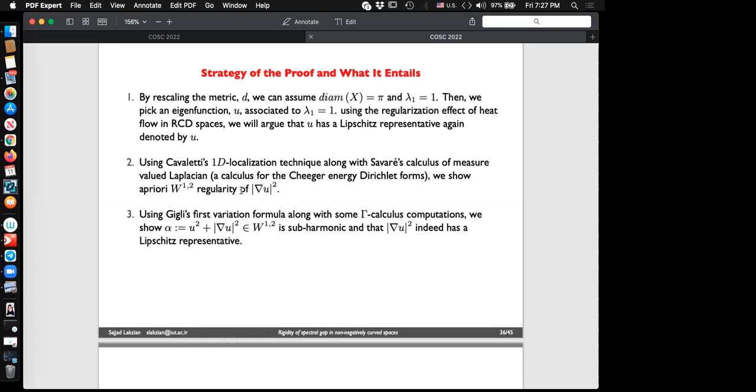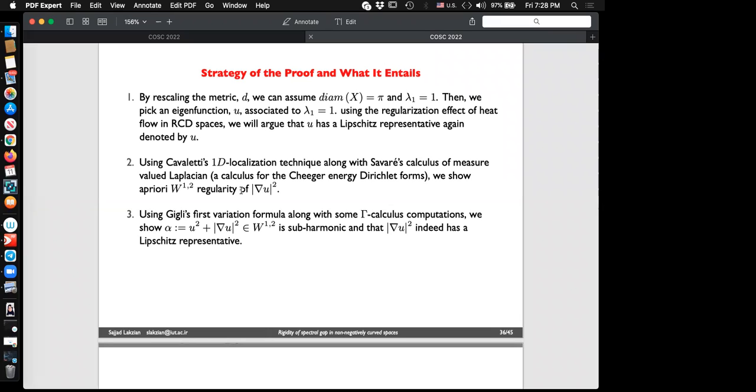And Cavalletti's work tells you that when you do the 1D localization, the lower bound on the curvature stays the same. So that basically reduces your problem. It's a very strikingly useful technology in the RCD setting, because you can reduce many things to the 1D case.